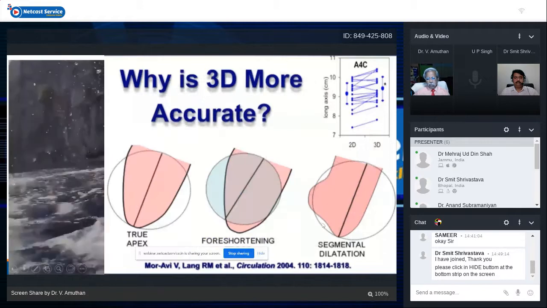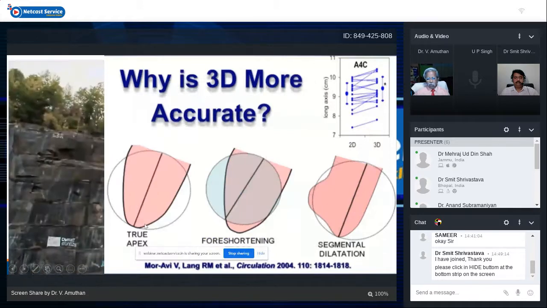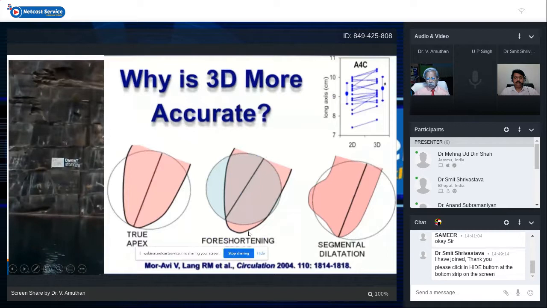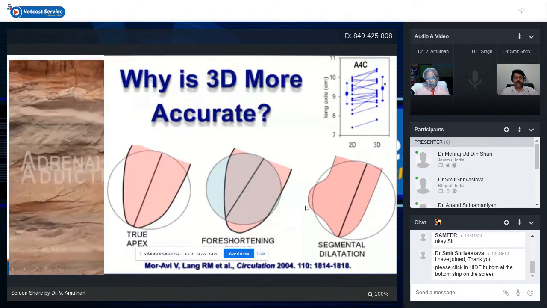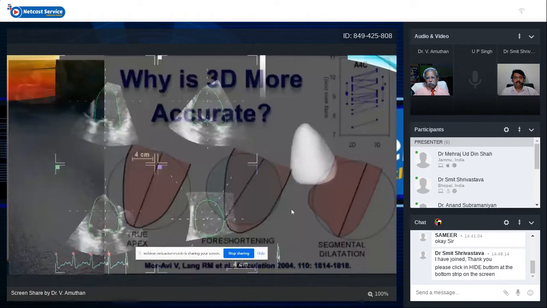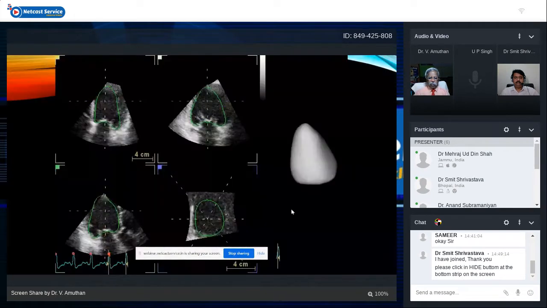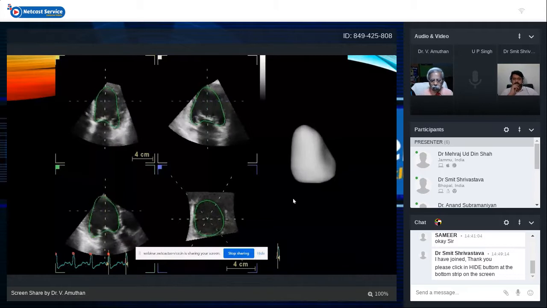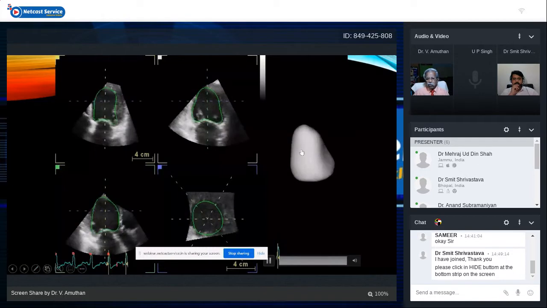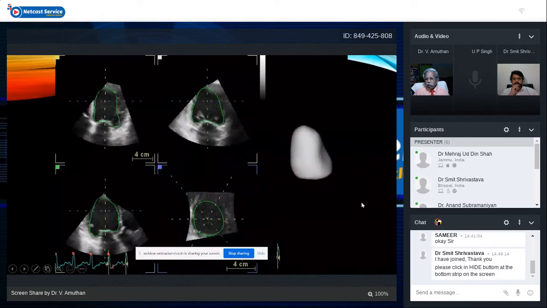And here the advantage is that you know where the true apex is. The foreshortening is not there, and the segmental dilatation can be avoided. So these are the advantages of the 3D. This is from the classical vendor GE. The classical 3D calculation is very easy. I will demonstrate at the end of this.